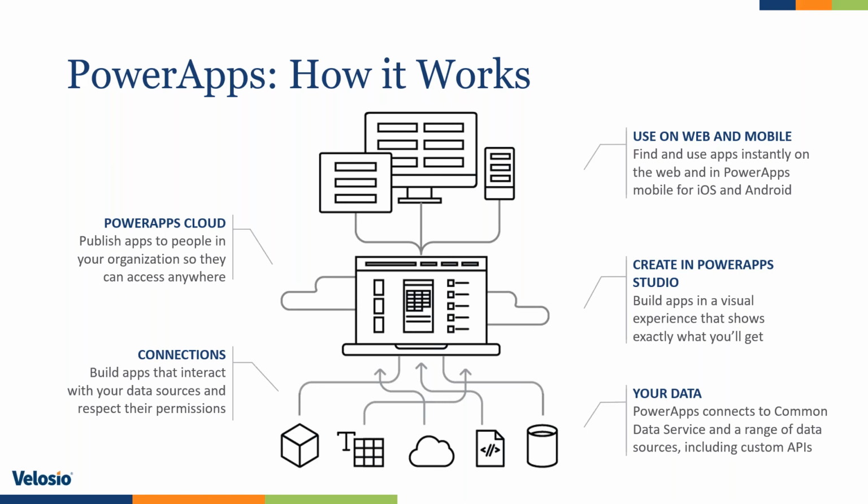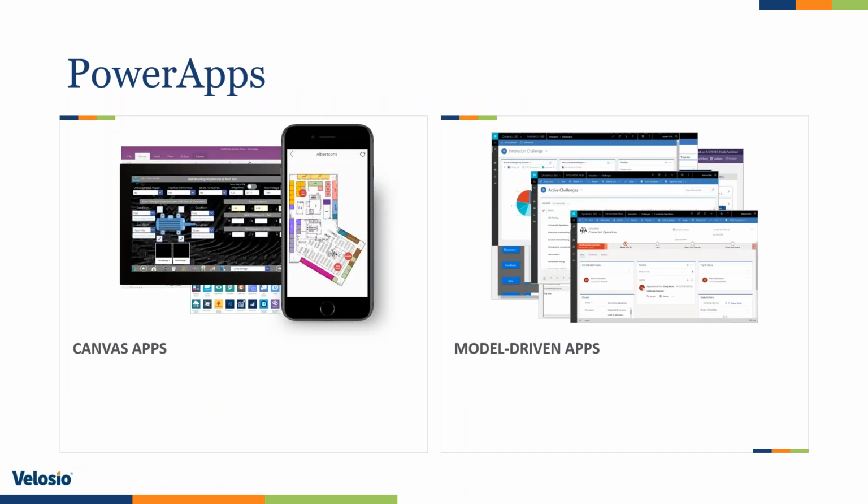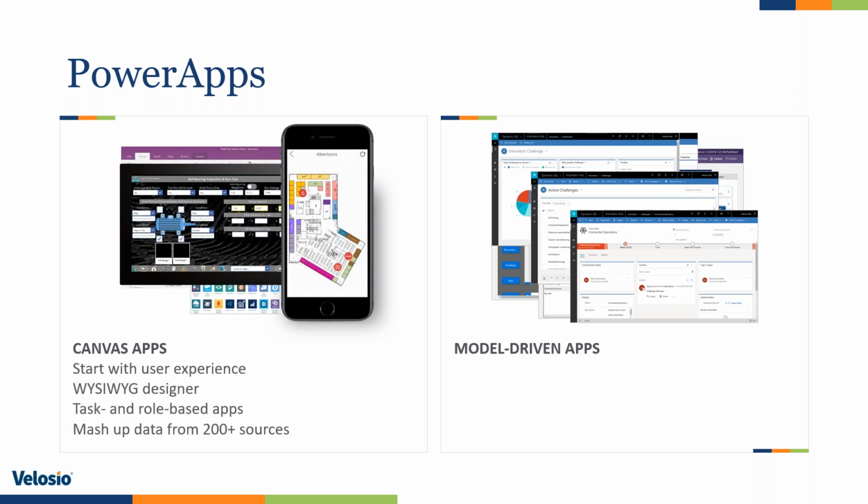So before we get too far into PowerApps, we have to talk about the two different types. There are two different types of PowerApps, and we want to make the distinction between these two. So first off, we have Canvas apps, which really start with your user's experience.